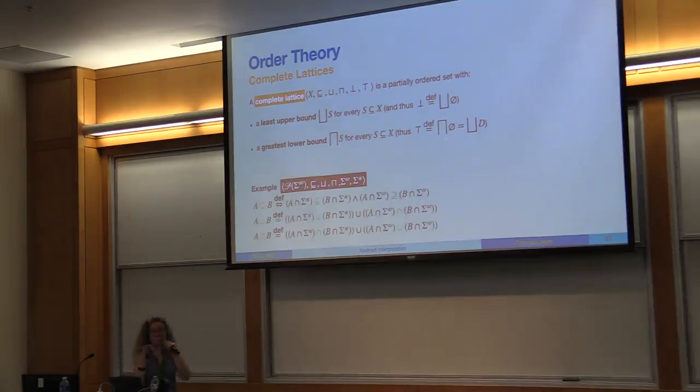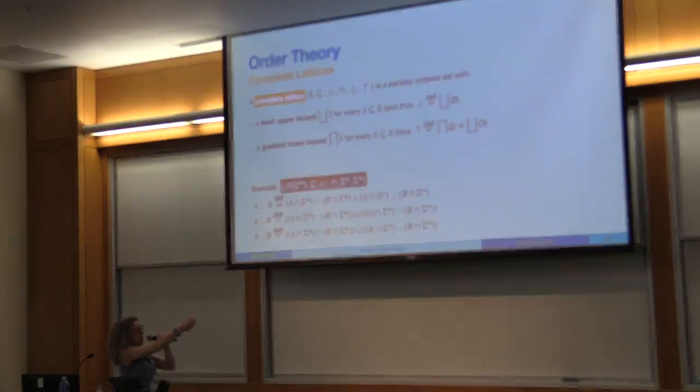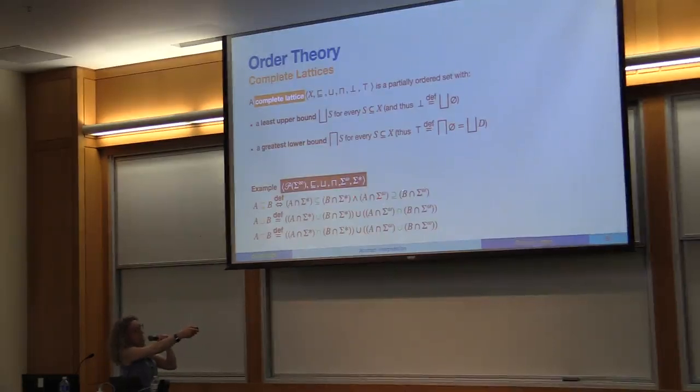So as an example, this is a very important example, we can take, for instance, the power set of all sequences of states, with an order. This order basically uses subset inclusion for the finite traces and the reverse subset inclusion for the infinite traces.